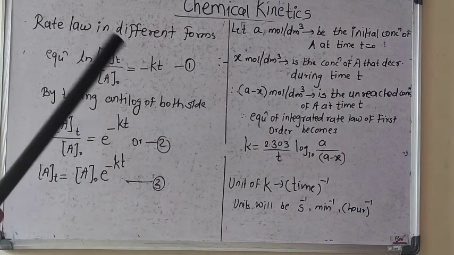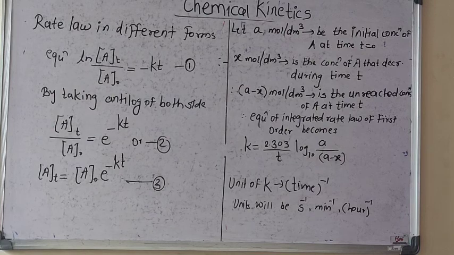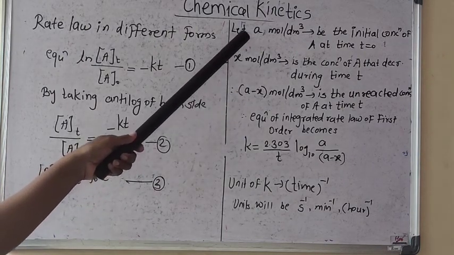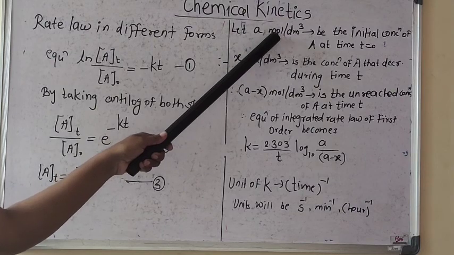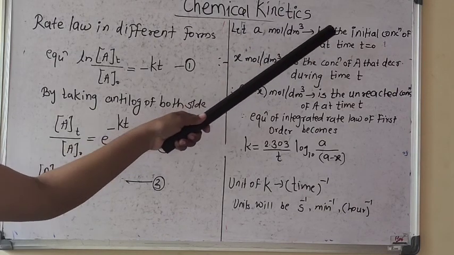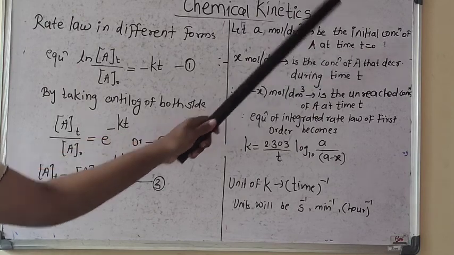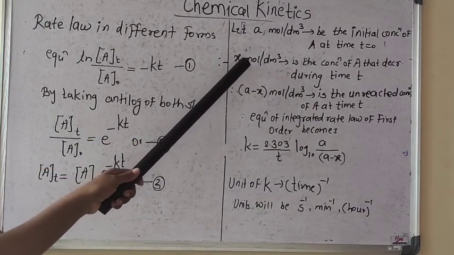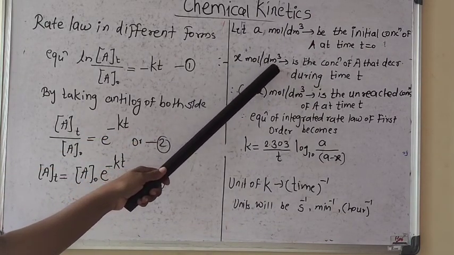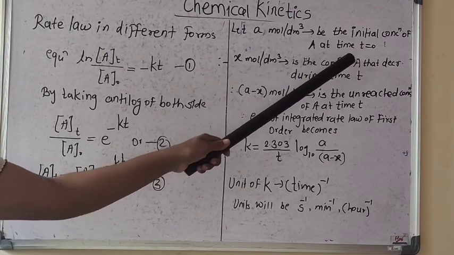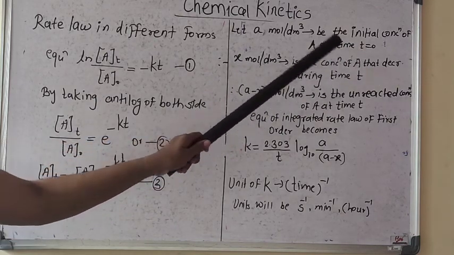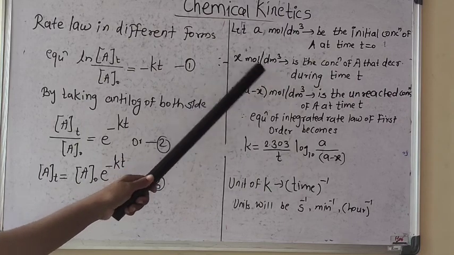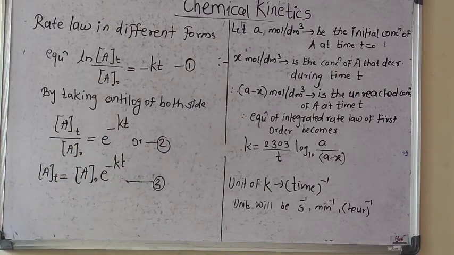Now, considering the initial concentration of reactant A, if we give it in terms of mole per dm cube, let a mole per dm cube be the initial concentration of A at time t equal to 0, and x mole per dm cube be the concentration of A that decreases during time t.